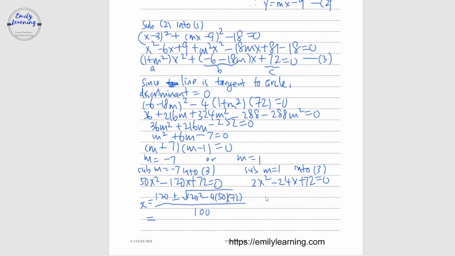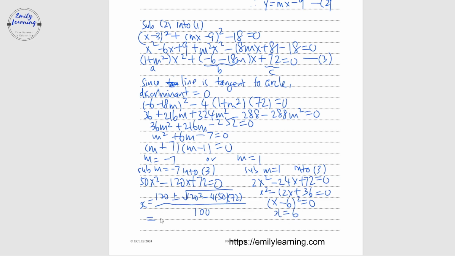Then for this one, I can simply factorize. This one is x squared minus 12x plus 36 equals 0. To get 12, it will be 6 times 6. Oh, it's basically x minus 6 squared, right? So this will give me x equals 6.